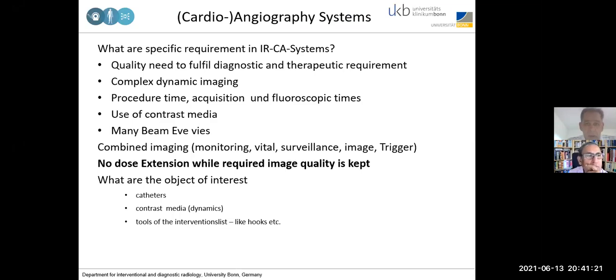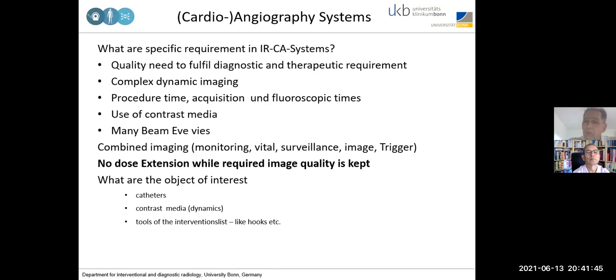So what are the specific requirements of your system? The first thing is you have a complex dynamic imaging. You have to have a procedure time, acquisition time, fluorescent times, which may differ. Do you use contrast media? And what are the beams of view?